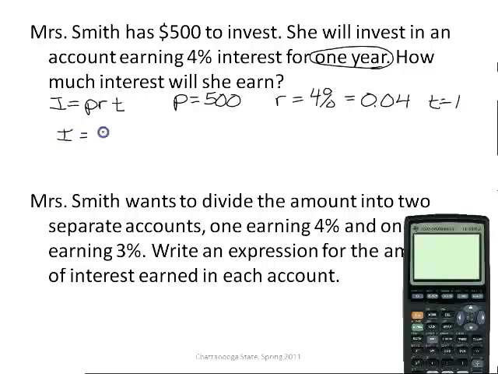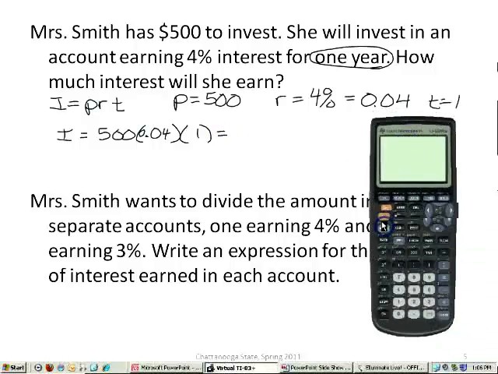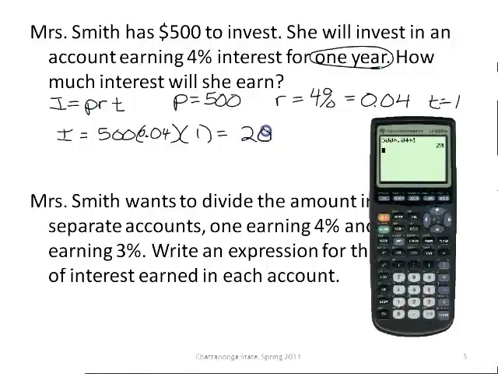So the amount of interest will be 500 times 0.04 times 1. If you needed to use your calculator, you could do 500 times 0.04 times 1 is $20. So over that year, she will earn $20 in interest.